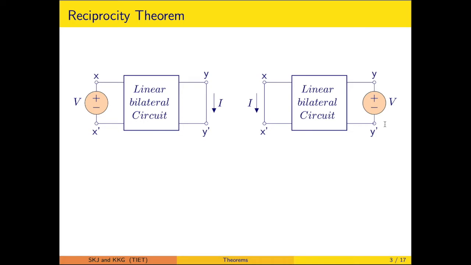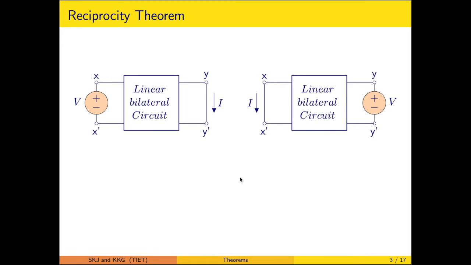So now the input is at the Y dash and the output is measured at the X dash. So if the ratio of this input to the output, or you can say V to I, remains same under both the conditions, then the circuit will be reciprocal.